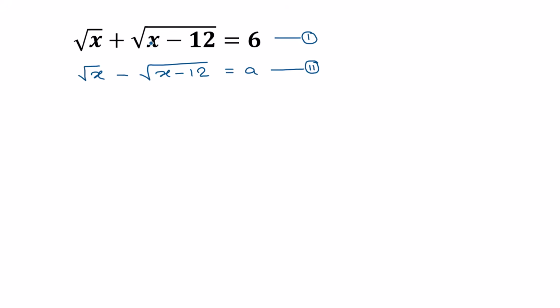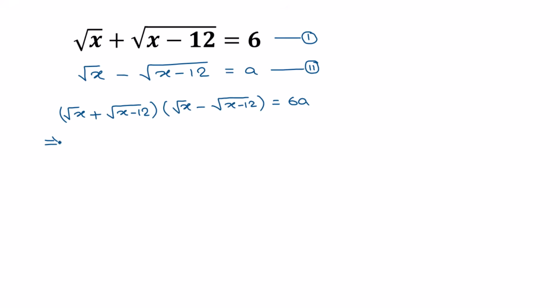If we multiply equation 1 and equation 2, we will get square root of x plus square root of x minus 12, times this square root of x minus square root of x minus 12, is equal to 6 times a, 6a.